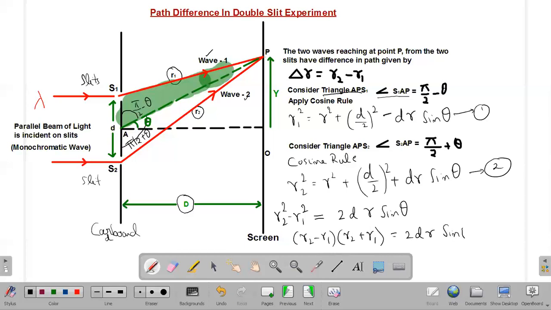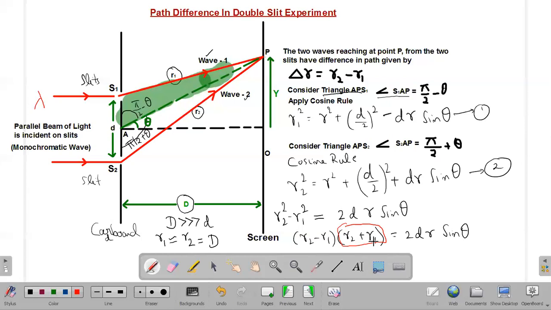And now we will use one approximation. If I use the approximation that capital D is much larger than small d, the slits are very close to each other, then I can think that R1 and R2 do not have a very big difference. They are very close values.